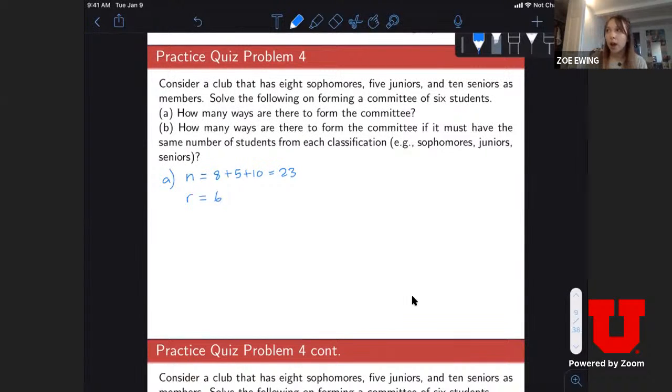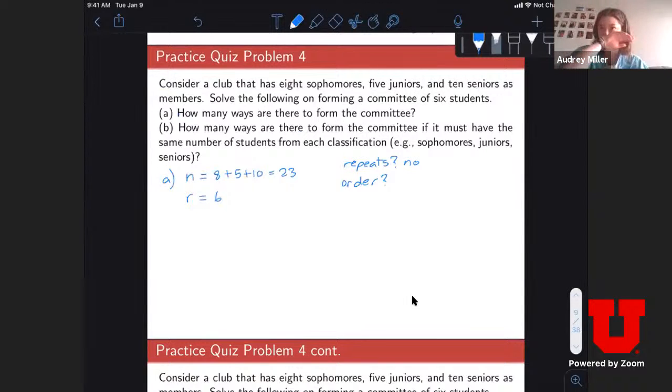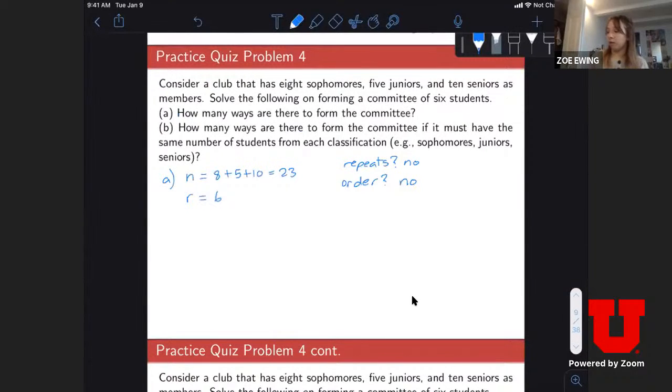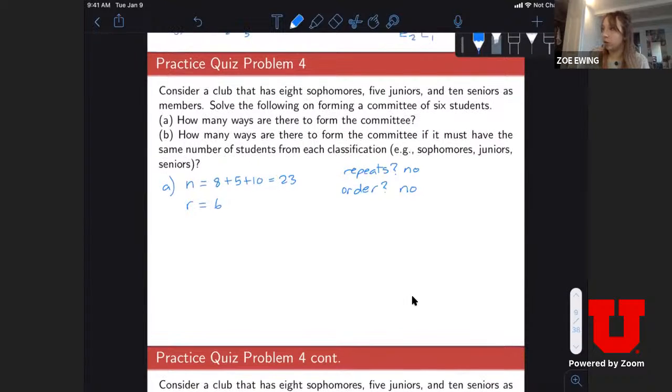Let's think about repeats and order. Can we have repeats? Can one student be in the committee twice? No. And does the order matter? No. So from our chart that we had earlier, that brings us to a set, which means we're going to use combination.